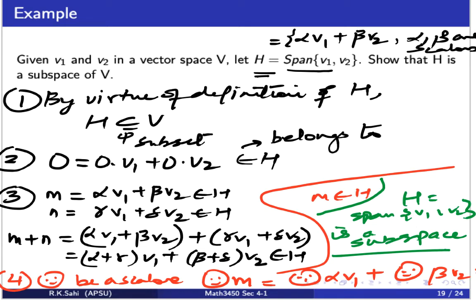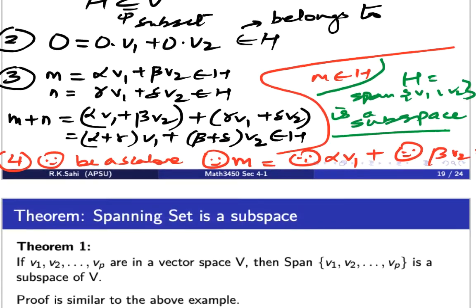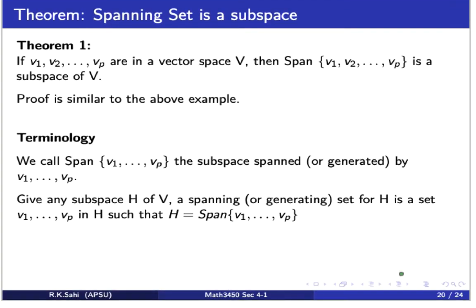So let's talk about a theorem. Now, this was only for 2 vectors. We can generalize this theorem. This is called the spanning set is a subspace. So if I had p vectors, v1, v2, up to vp, in a vector space capital V, then the span of v1, v2, up to vp is a subspace of V. What this is saying is that all possible linear combinations of some vectors in a vector space will become a subspace.